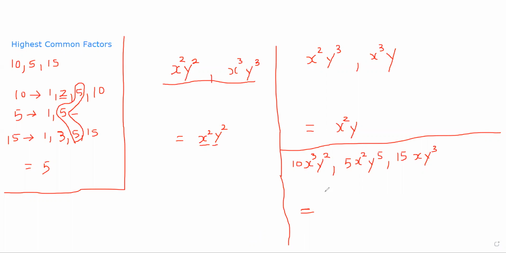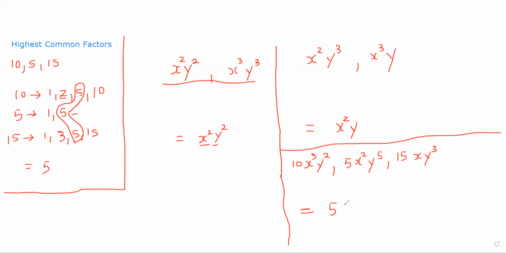So remember, looking at the numbers, we have 10, 5, 15. The highest common factor of 10, 5, 15, when we did it earlier, is 5. You write it down. Then we look at the x now. The lowest power of the x is x by itself. See that? You have an x squared, you have an x cubed, and you have an x.